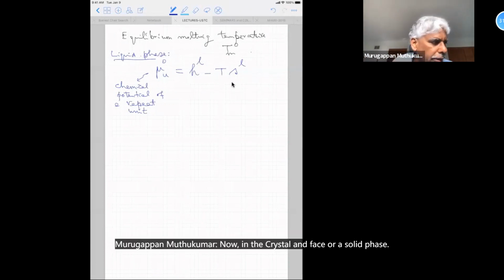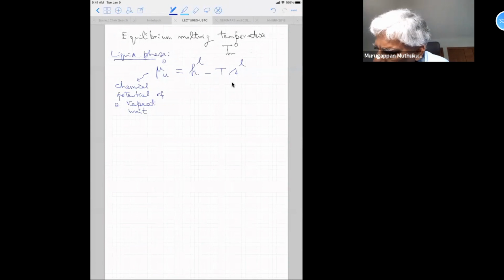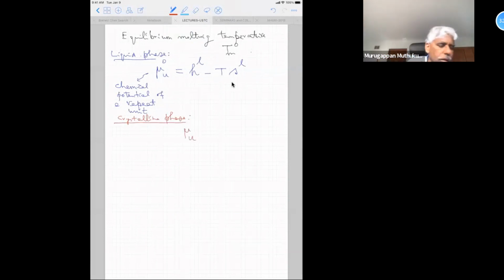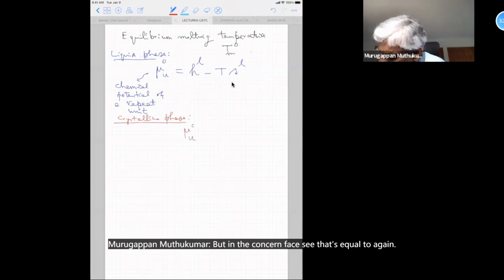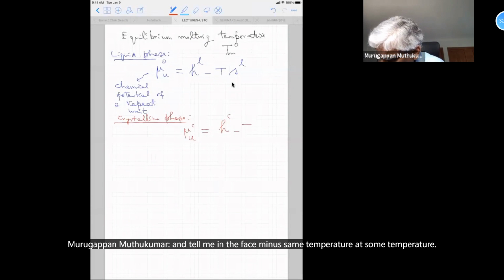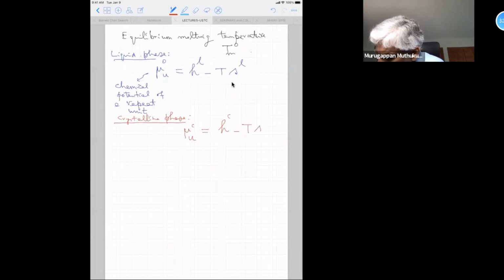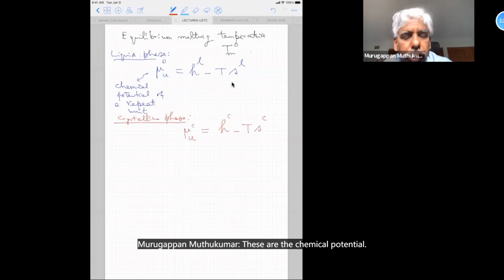Now in the crystalline phase or a solid phase, chemical potential of a repeat unit in the crystalline phase C, that's equal to, again, enthalpy in the crystalline phase minus the same temperature times the entropy in phase C. These are the chemical potentials.